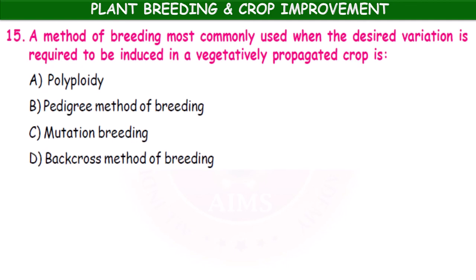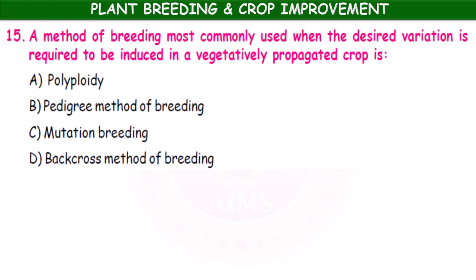A method of breeding most commonly used when the desired variation is required to be induced in a vegetatively propagated crop is polyploidy, pedigree method of breeding, mutation breeding, back cross method of breeding.